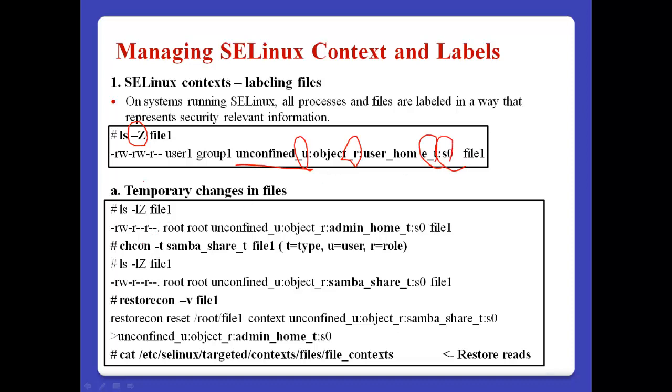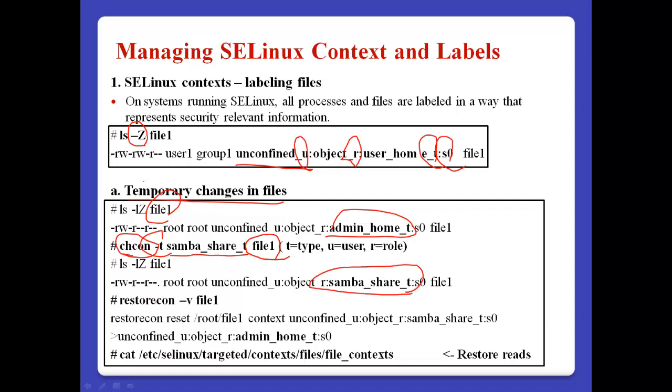Number A, temporary changes to a file. First, if we create this file1, we can see this kind of file type. And if we want to change the file type, we can use chcon. With type, for example, samba_share_t, on the file. Then we can see the changed file type here.